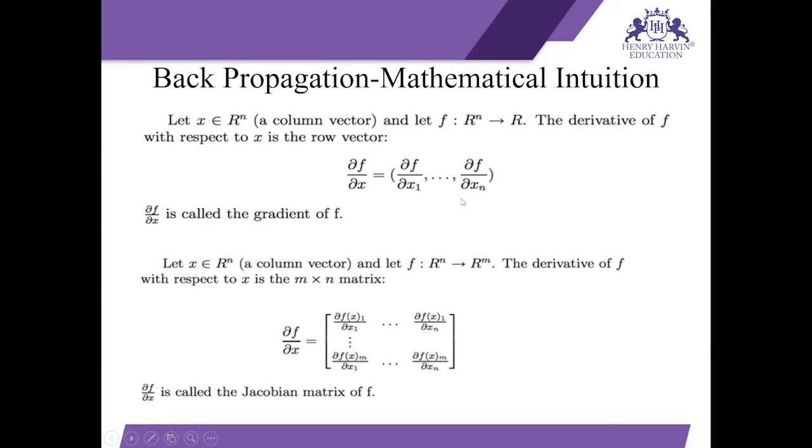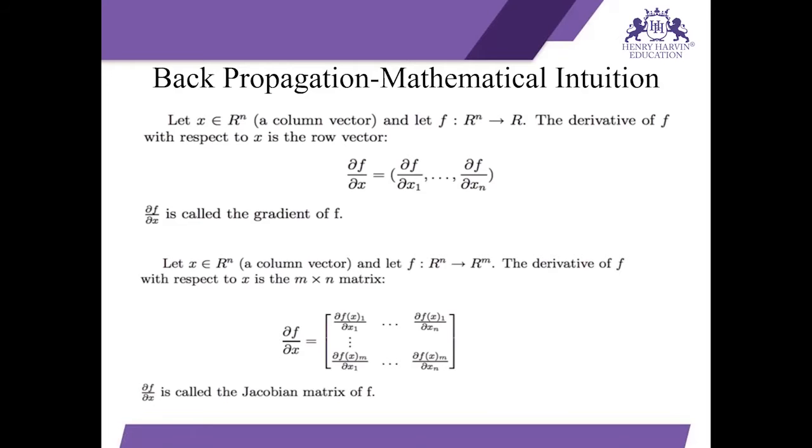So what I'm doing here is simply differentiating the function with respect to each component of the input. Our input is an n-dimensional vector, so it has n components. Our function has a single output dimension, so it is a scalar valued function.